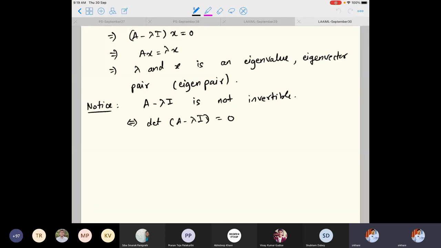But it is not necessary that determinant of A minus lambda I equal to 0 will have real roots only, right?